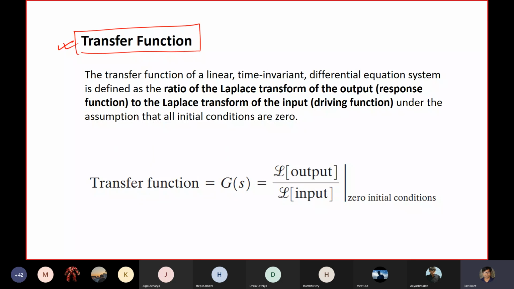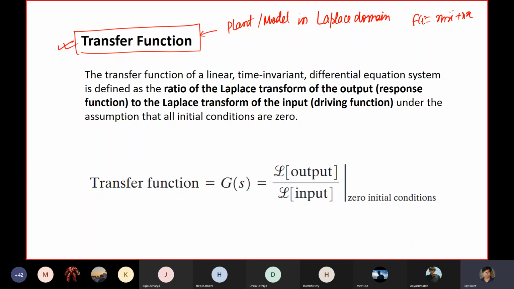understanding the transfer function, because the transfer function is actually your plant or model in Laplace domain. Your plant was f is equal to mx double dot plus kx.